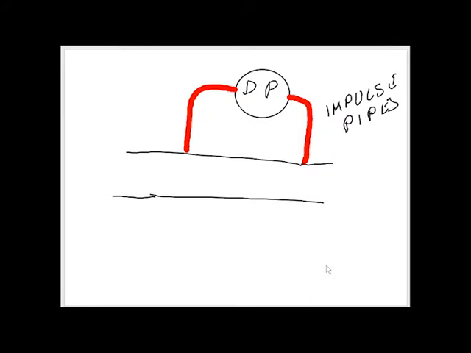Our main call out for DP type flow meters is not that the DP's gone wrong, or even that the orifice plate's blocked up, or many other things. Our main call out for DP, differential pressure type flow meters, is that the impulse pipes have got air or crud in them.